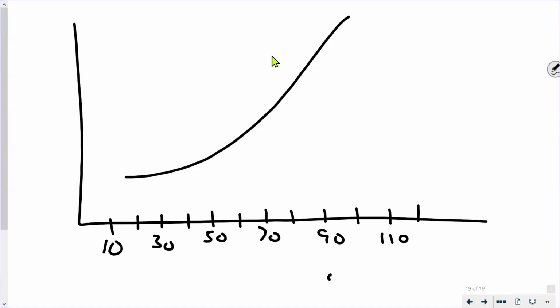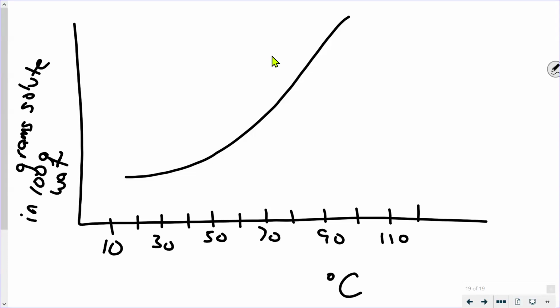And this is degrees Celsius, so it's temperature. This is grams in 100 grams of water.